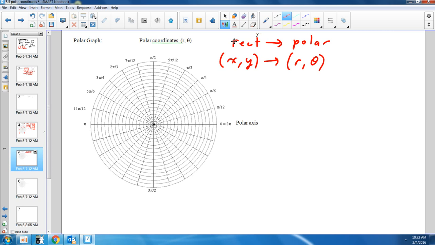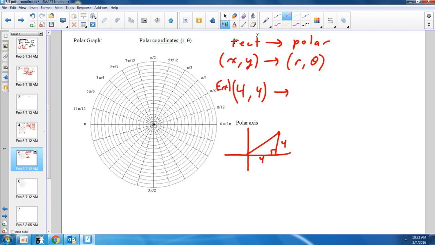So if I had a point, let's say, that was a rectangular point 4, 4. And I want to convert that to my r theta. Well, one way to do that is to graph it. So I'll say, okay, I want to do the graph. I know what 4, 4 looks like. It looks like this, where I know my x and y is 4.